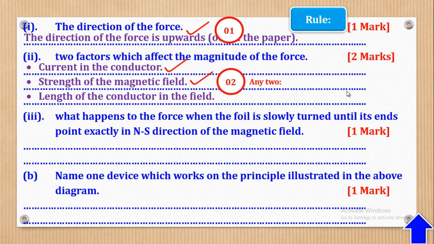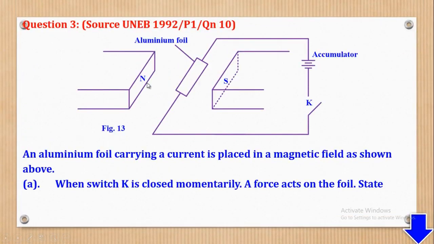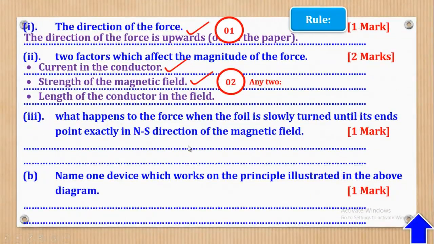Roman 3 says, what happens to the force when the foil is slowly turned until its ends point exactly in north-south of the magnetic field? So when it points north-south, it implies that the angle between the field and the current will be 0.